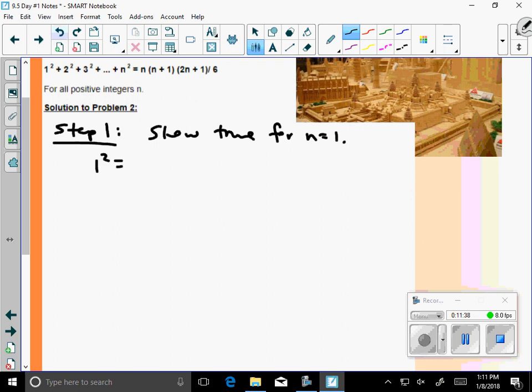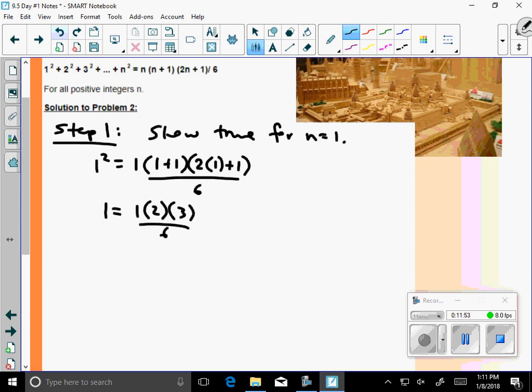Is 1 squared equal to, and I'm going to plug a 1 in everywhere, 1 times 1 plus 1 times 2 times 1 plus 1 over 6? Let's see if it's true. That'd be 1. This would be 1 times 2 times 3 over 6. Is 1 equal to 6 over 6? Yeah. Okay, step 1, done.